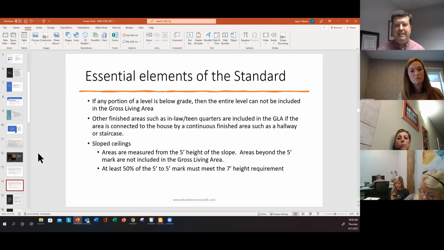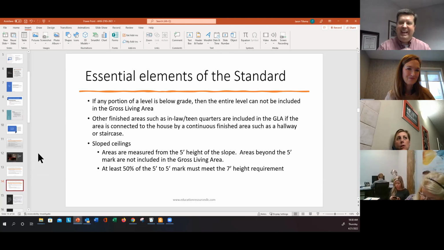Now, to make things even more confusing for you guys, I noted that there were, let's say, 2 bedrooms and a full bath. Even though I cannot include the area in the square footage, Fannie Mae still wants us to include the bedroom and the bath count because they're data mining, and they want that information to populate their data.